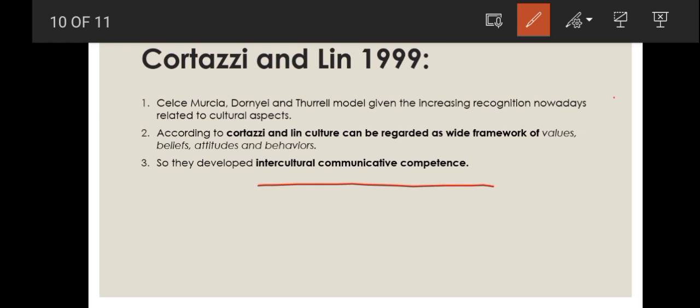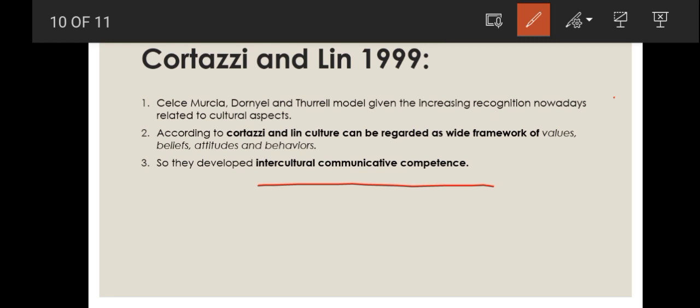In intercultural communicative competence, you speak according to the cultural norms, conditions, and traditions of that place. You speak there according to the situation, and it is totally a mentalistic approach, and it is also related to the previous ones. So they are a little bit related to each other. There is no big difference between them. Only the authors' and researchers' names are important, so you should use them.